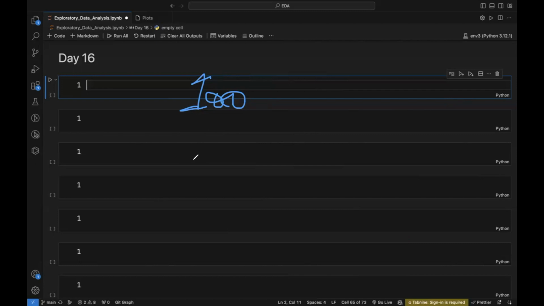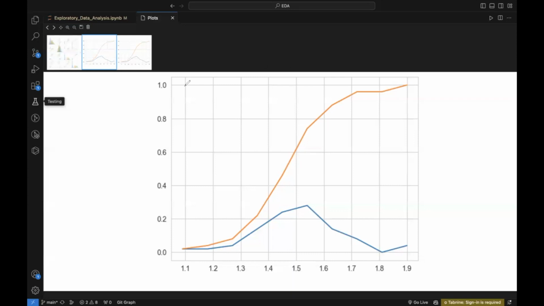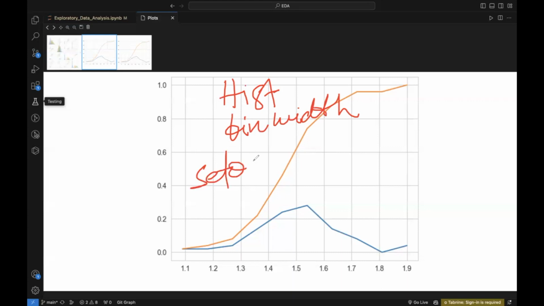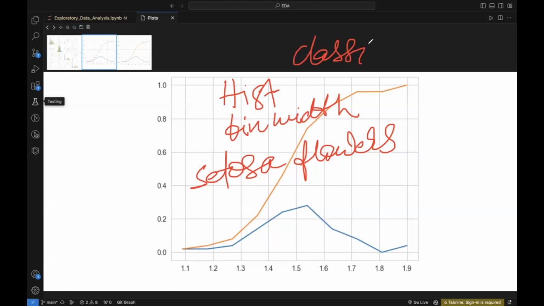Let me give you an example. In this plot, while I was trying to explain concepts like histogram, bin width, and things like that, this was done on setosa flowers. Fine. So this analysis has got nothing to do with my objective of classifying. My objective here is classification. This is my objective.